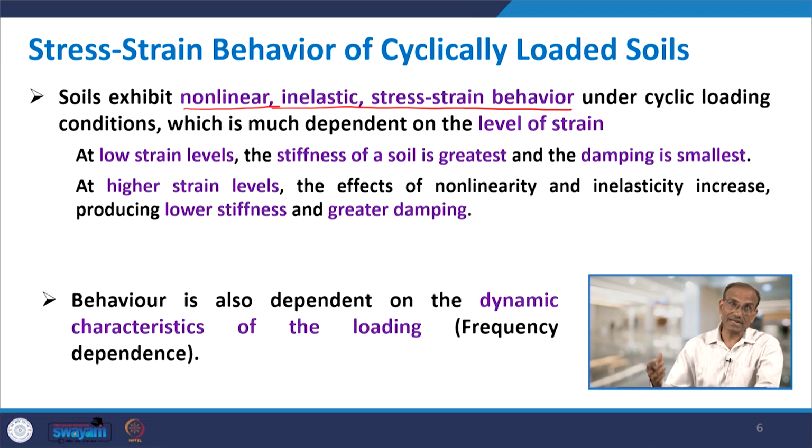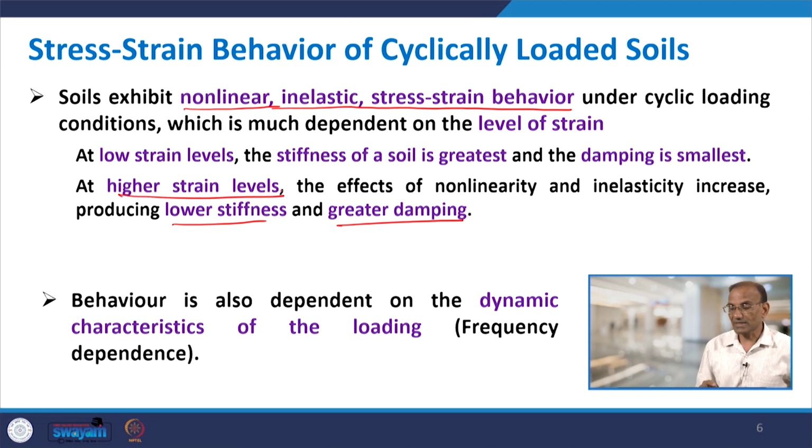If you reverse, at high strain levels the effect of nonlinearity comes into the picture. As a result, it produces lower stiffness and greater damping at higher strain levels. So with higher strain levels its characteristics change, while at low strain level we can simulate it.